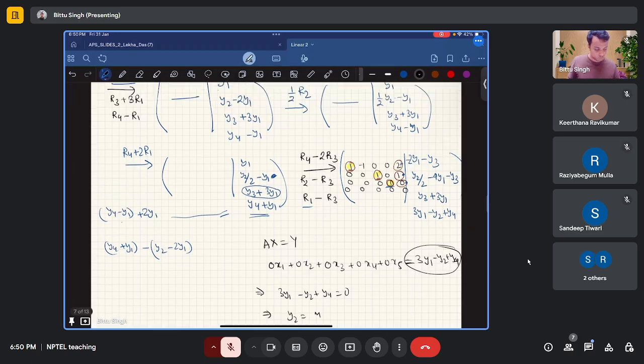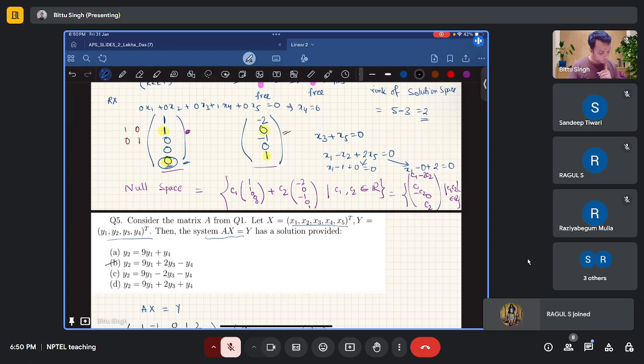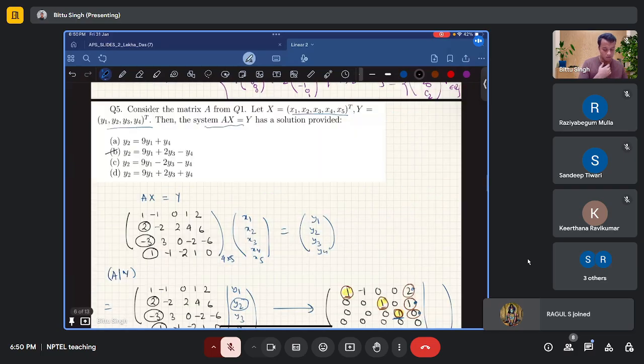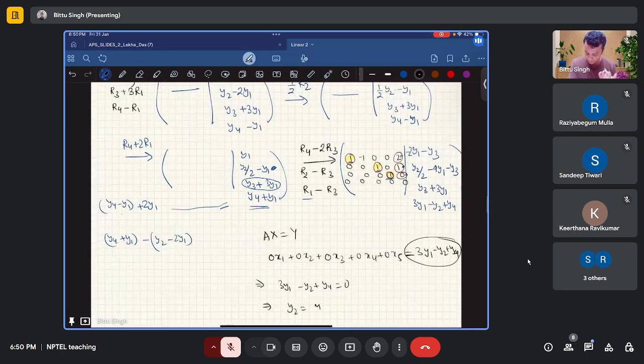So let us see what is the correct answer. Question number 5, it is actually B. y2 equal to 9y1 plus 2y3 minus y4. So I think there is some calculation mistake. The first one should be minus 2y1 and y3.